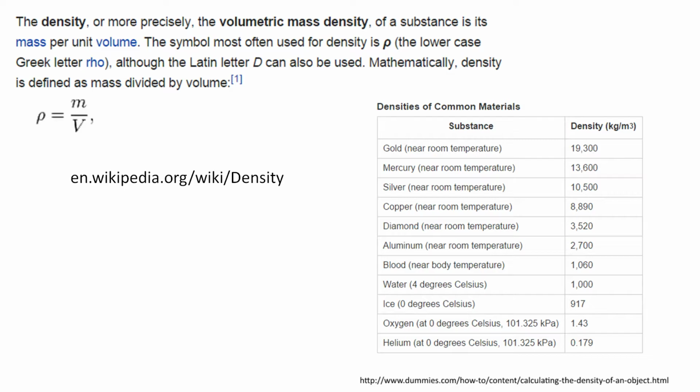Okay, those people over at For Dummies are kind of weird. But again, correct. Blood is a little bit heavier than water. Yep. And funny trick of physics, water is a little bit heavier than ice. And then, of course, ice is heavier than oxygen and helium. So as we expect, gases are lighter than the equivalent amount of substance of solids.